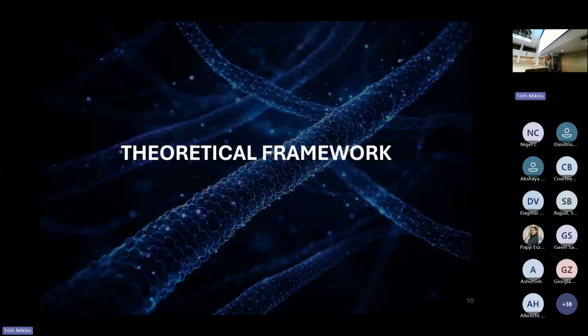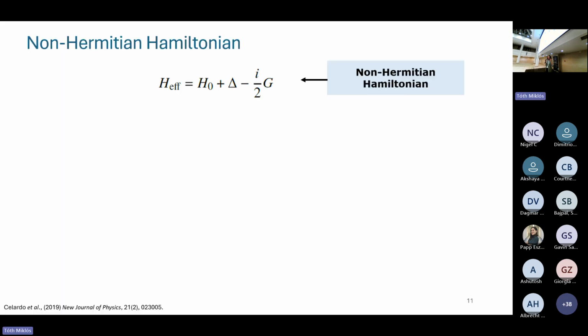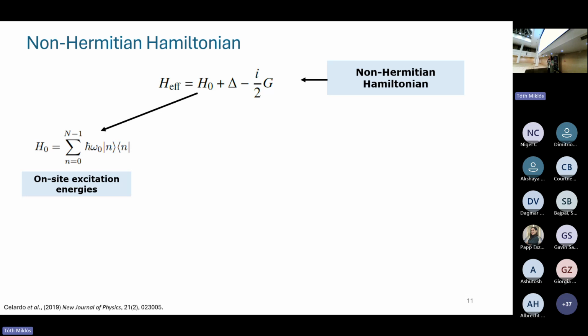So now let's go to the mathematical framework behind this. It has been studied before, for example, by Dr. Korean, who is just here, but we use the same Hamiltonian, the non-Hermitian Hamiltonian. In this framework, you first have the on-site excitation energy, so each tryptophan energy is at 280 nanometers.